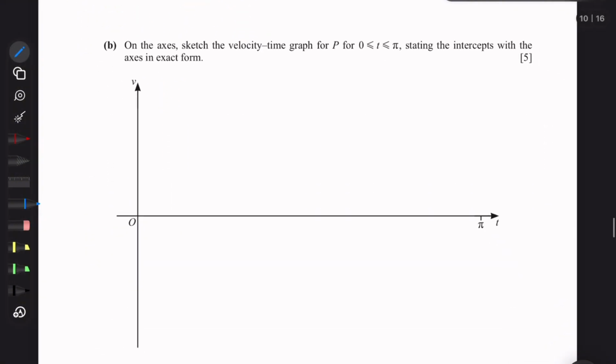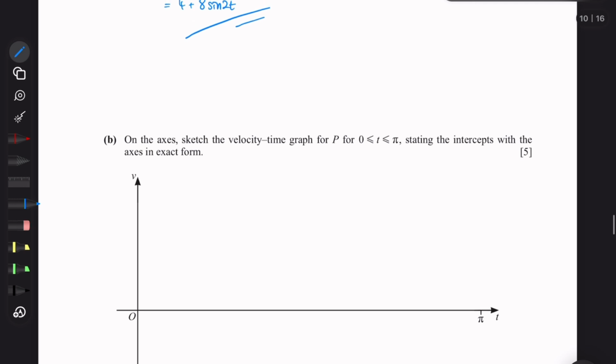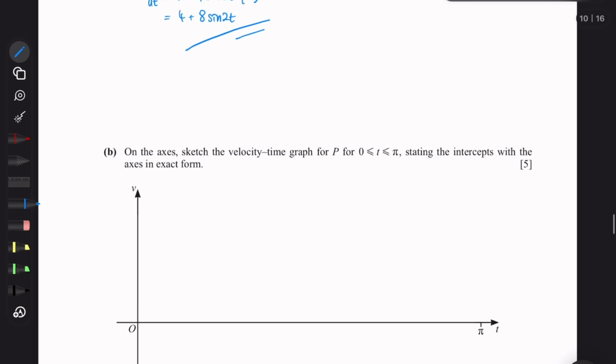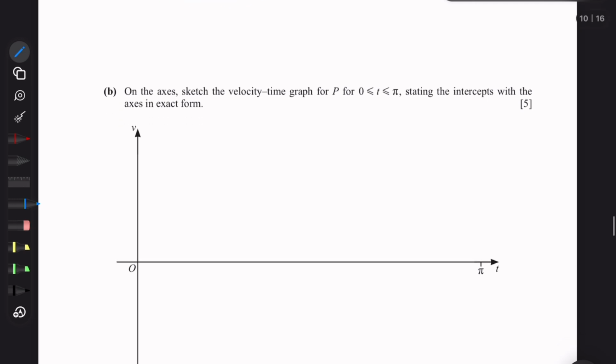Part B. On the axes, sketch the velocity time graph for this, stating the intercepts with the axes in exact form. Okay, so the equation we found in part A can be put to use for this.